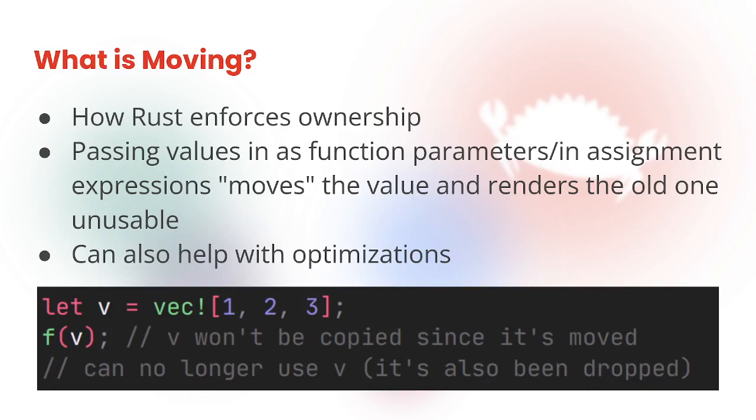So again, moving is just how Rust enforces ownership. Passing values as function parameters or doing assignment expressions will move the value. So it basically changes the owner, and it helps with optimizations. Normally in C++, if you call a function with a vector, it will copy every single value of the vector into a new one in order to ensure validity.